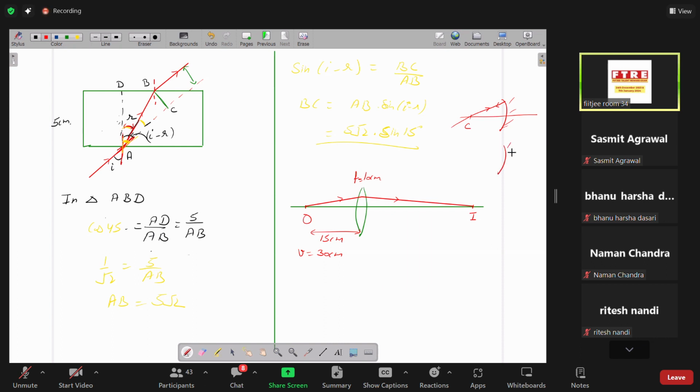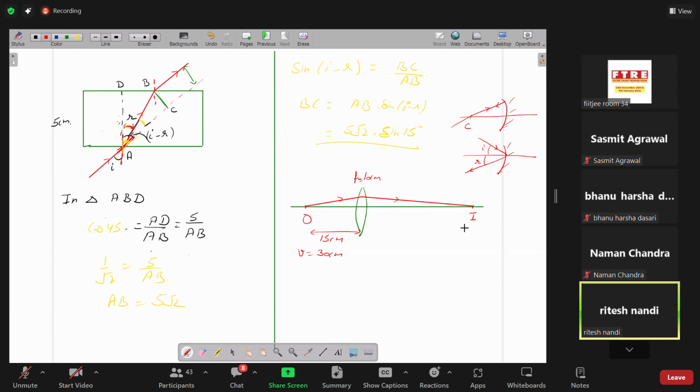And we also know that if the ray falls on the pole of the mirror, the angle of incidence which the ray makes with the principal axis and the angle of reflection will be the same, so the path will get reversed. So we'll have two such situations. One is this, that 30 centimeter is given in the options.